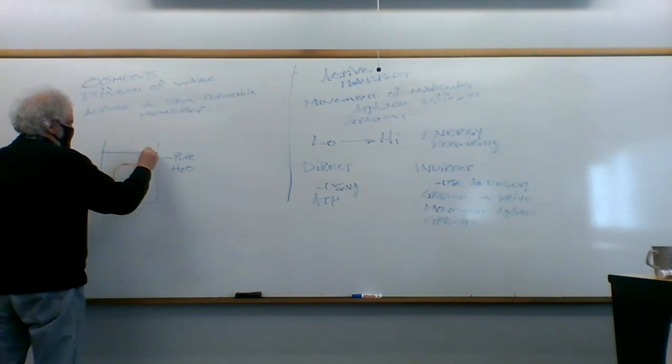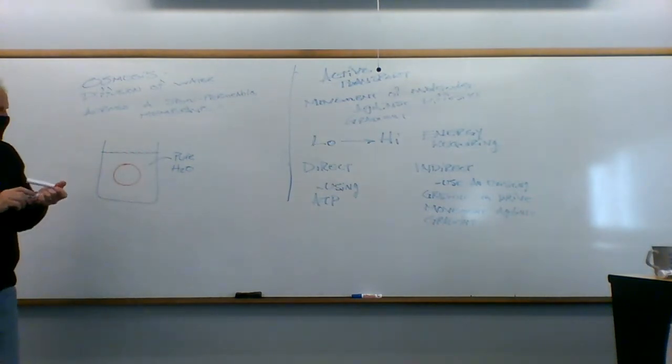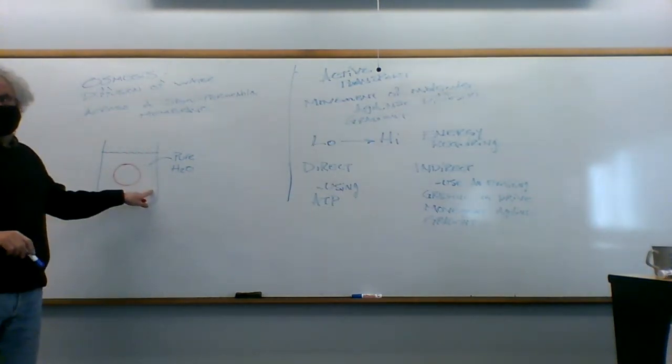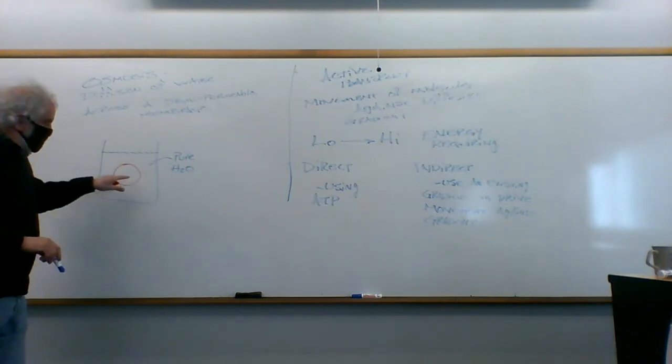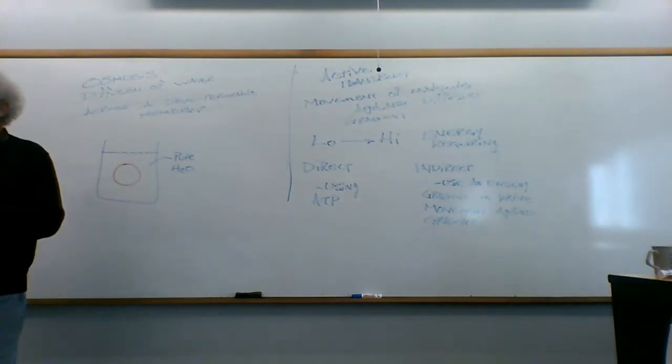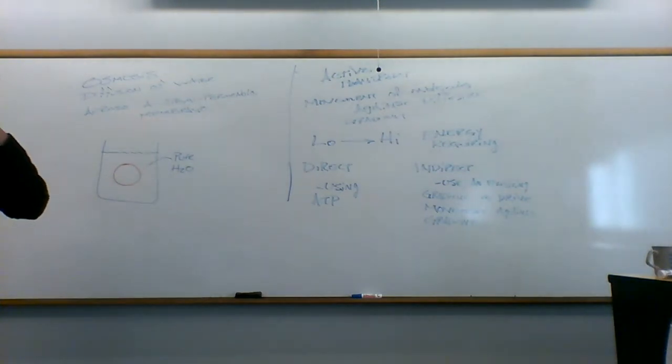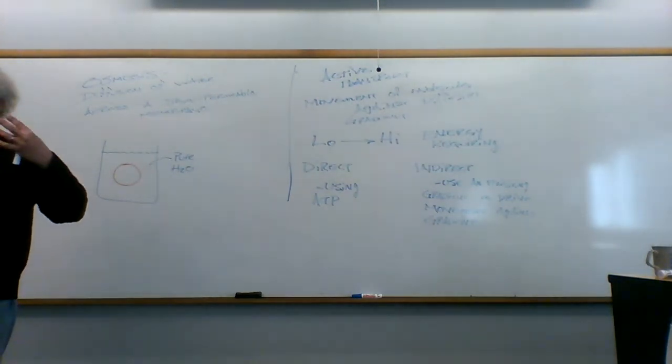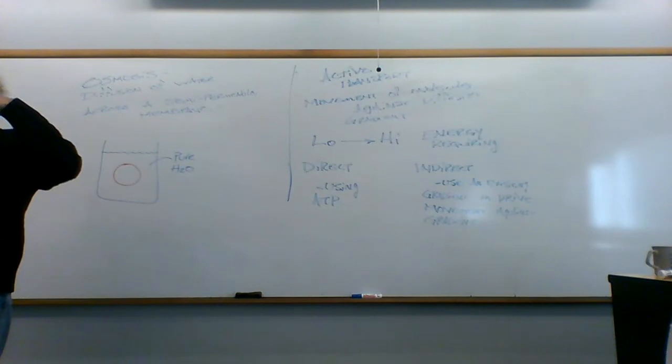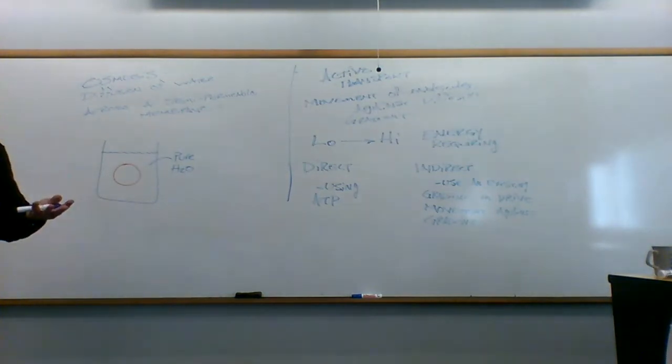The concentration of water out here is straight high concentration of water. Inside the cell, there is in fact a lower concentration of water because we have all these dissolved salts, all these dissolved proteins, a lot of solute in here.